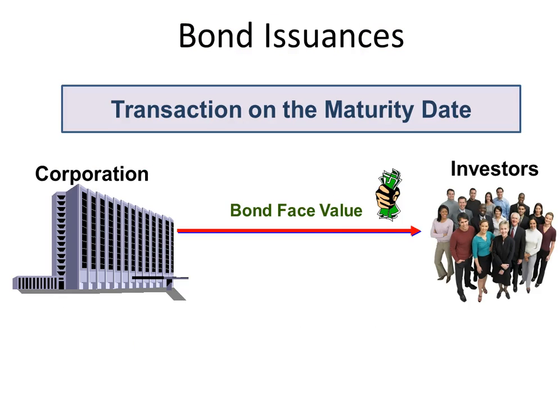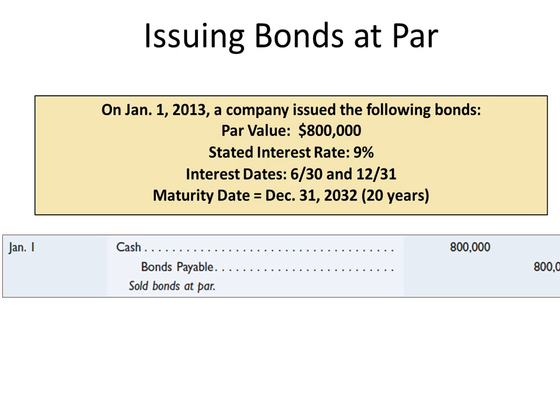So, transactions on the maturity date, again, bond face value, these corporations are going to have to buy back from the investors what they borrowed at maturity, whether that be 5, 10, 20, 30 years back. Okay, so that's called the maturity date, or at face value. The face value typically is at 100%.